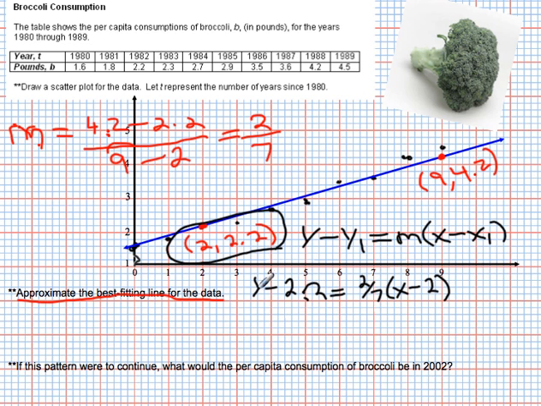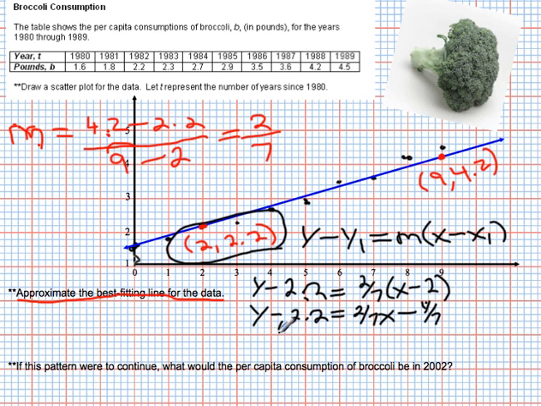We're going to have some fun fractions in here. So I've got y minus 2.2 equals 2/7 x minus, remember to distribute here, 2/7 times 2 is 4/7.